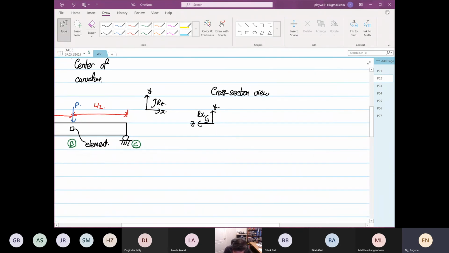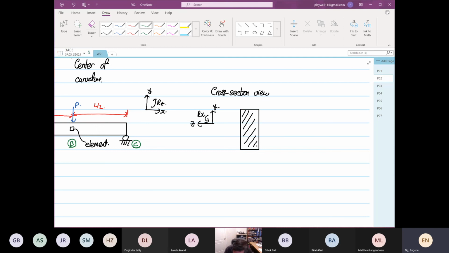Okay, and then we draw the cross-section. Okay, so this is our cross-section. Right, there's cross-section, and this is the position of the centroid.